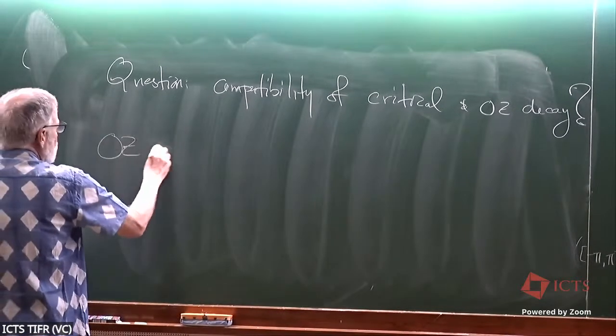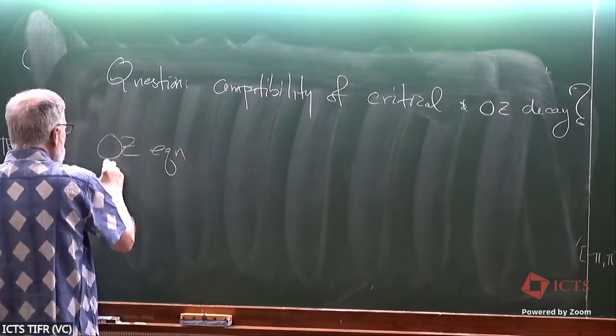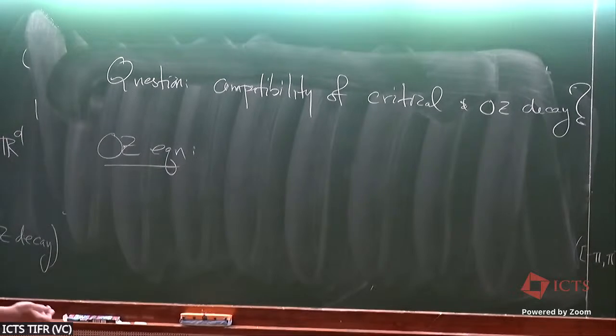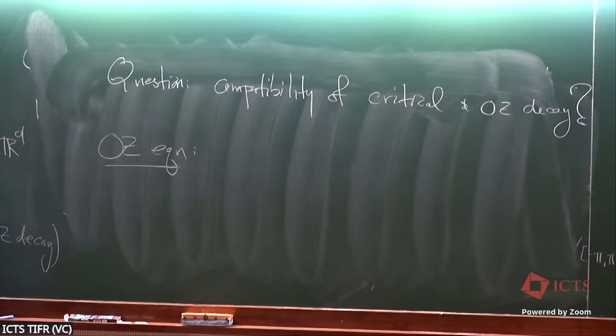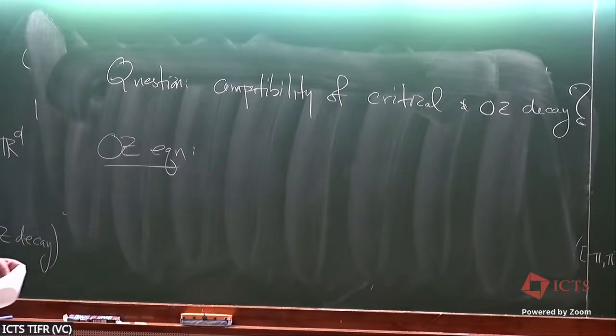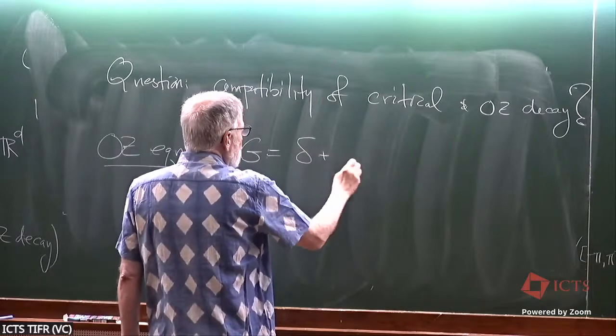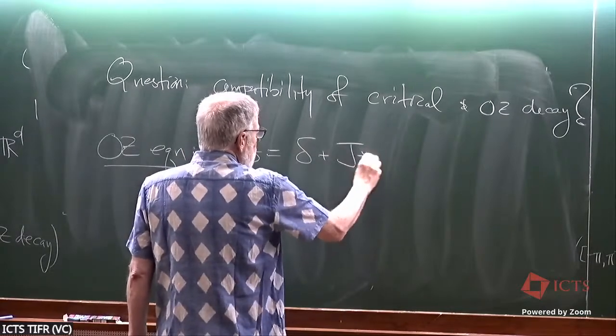So the OZ equation, which was first studied in the context of the theory of fluids and statistical mechanics by Ornstein and Zernike, I think in 1916, long ago, more than a century ago. They wrote down an equation in their context, which actually shows up in many other contexts, and it's this equation. G equals delta plus J star G.